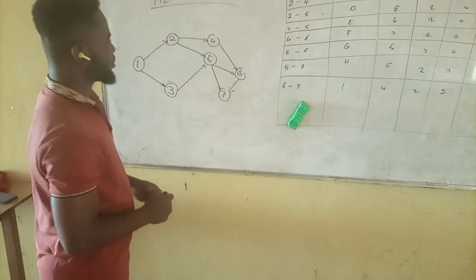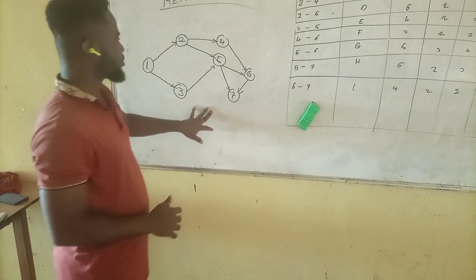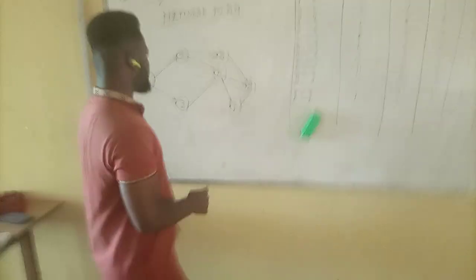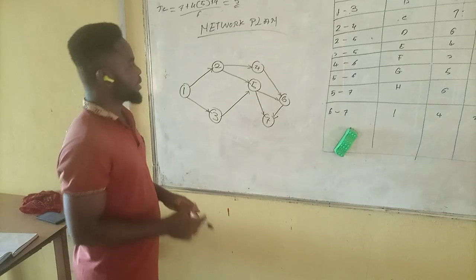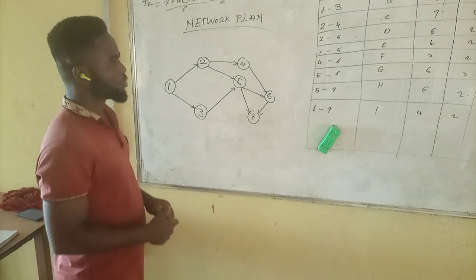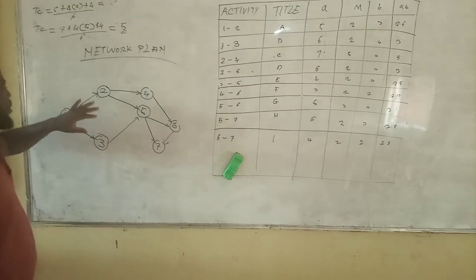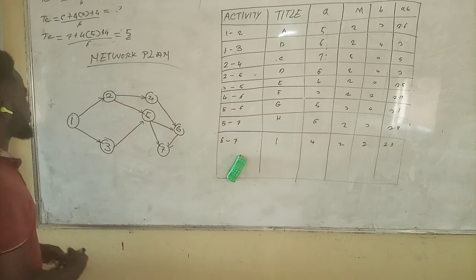So now, if you draw this, you have achieved your network diagram. Also, after drawing this diagram, next thing to do is to put the TE in this diagram.